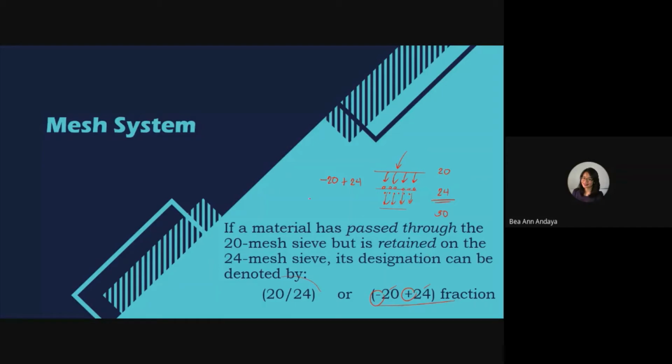That is why if you are going to designate its size, it will be negative 24, and everything left here will be considered positive 30. Okay, if you look at these, all the materials retained on top here are the negative 24 and positive 30. And so on. That is all. They are the standard designations of our mesh system.